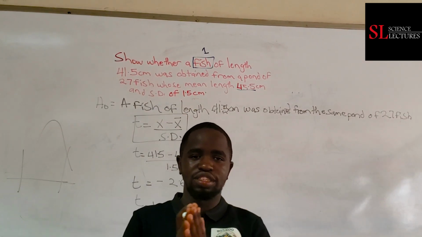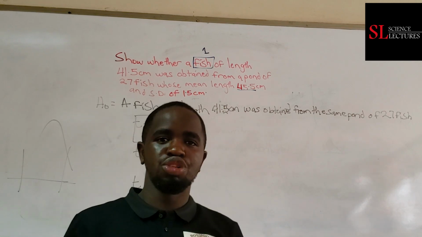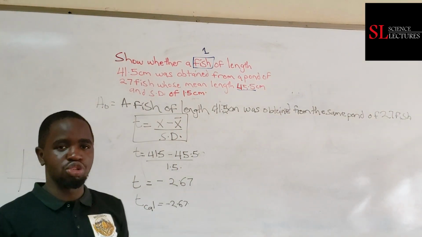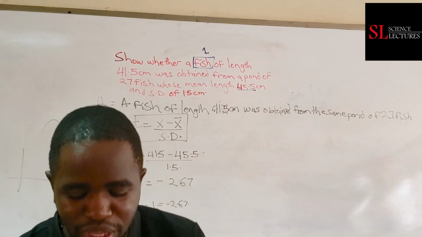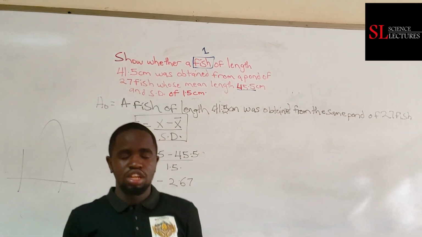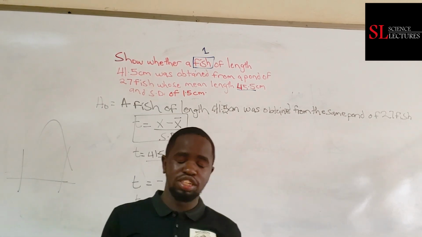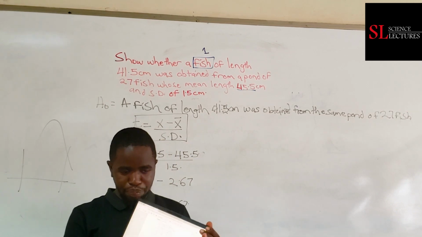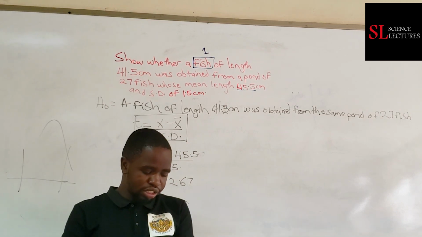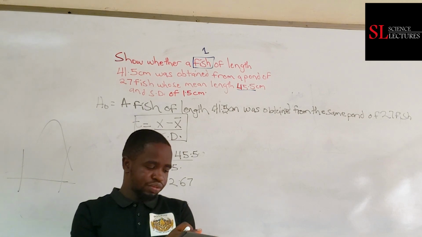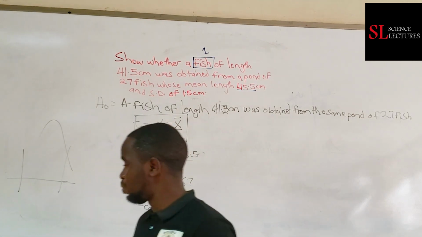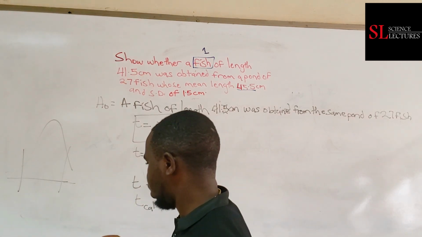Still, you will obtain the same tables. So what you do after obtaining the calculated value, which is T curl, you go to your statistical tables. I don't have tables here in hard copy, so I have them in my soft copy, and from these tables I obtain my critical value.